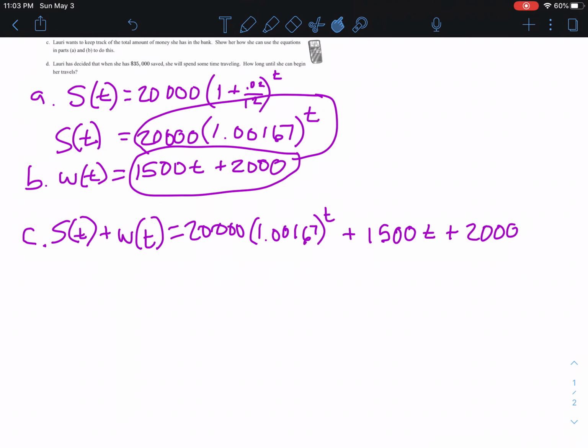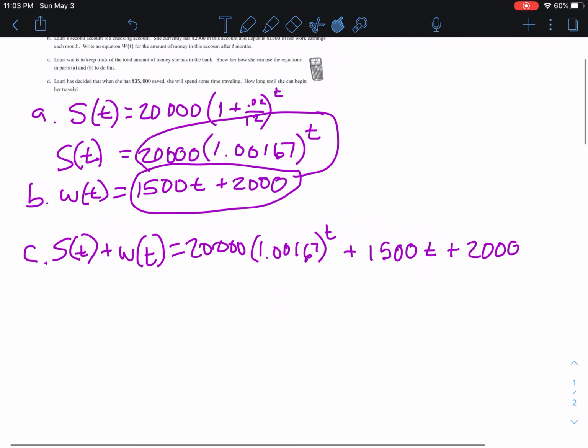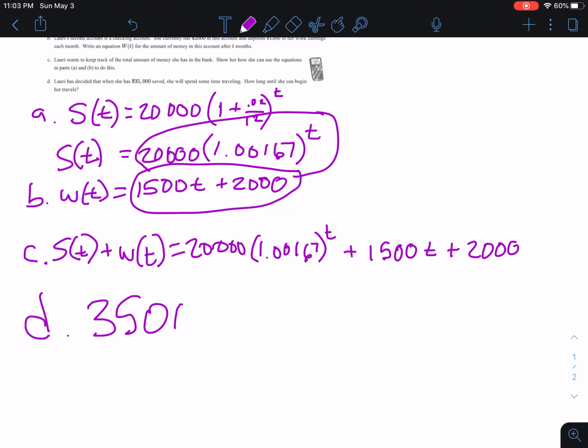There's not a wonderful way to go about solving this because for part D, they want to know when she will have $35,000. So when will all of this come out to 35,000? The easiest way for us to do this is to start plugging in months and seeing how long it'll take.